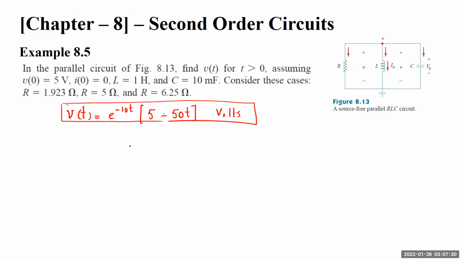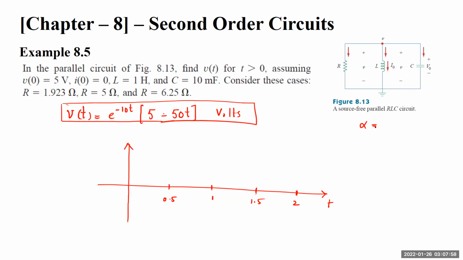Okay, so again, the next question can be, if we have to plot this response. So you can say this is 0.5 seconds, this is 1 second, this is 1.5 seconds, this is 2 seconds. Again, this is 1 by RC.